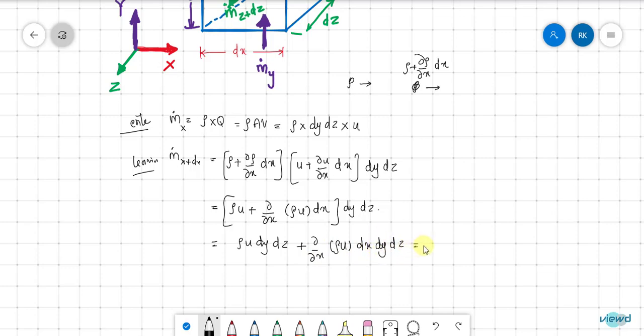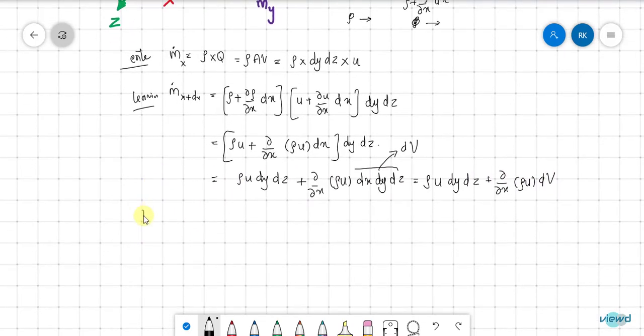We can write this as del by del x of rho u, into dx dy dz, and this can be written as dV, that is the differential volume that we have considered. Okay, that is the mass leaving.